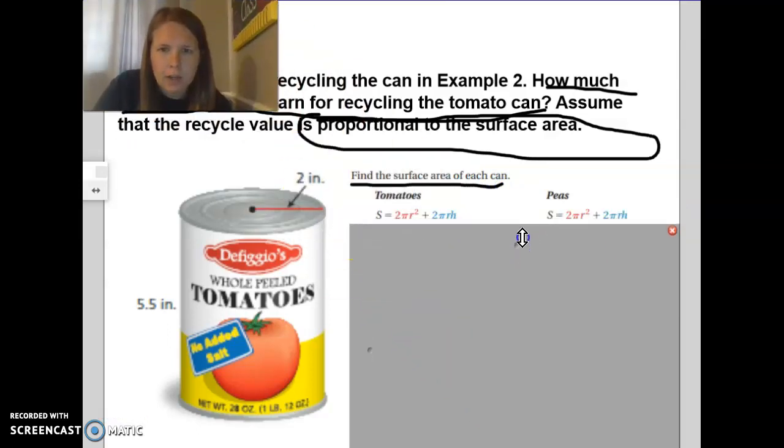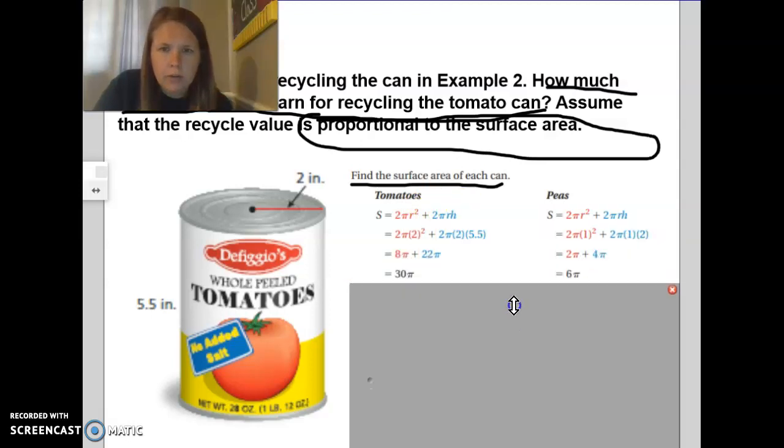That formula is 2 times pi times r squared plus 2 times pi times r times h. For my tomato can here, I can tell that my radius is 2 and my height is 5.5. So I'm plugging it into that equation.